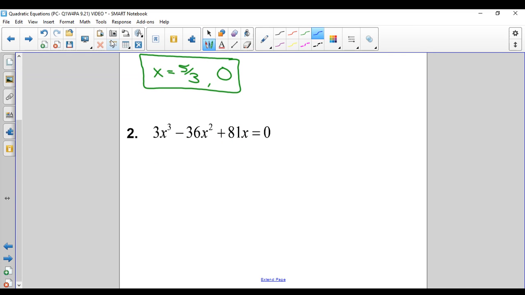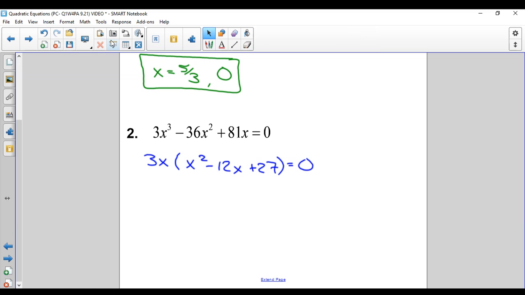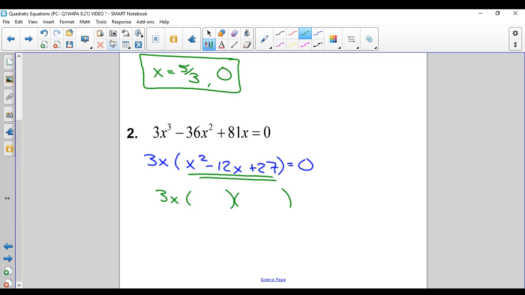We have a GCF here. Happens to be 3x. We have x squared minus 12x plus 27 left over. We check to see if we can continue factoring. It looks like we can inside here. We go 3x, open up 2 sets of parentheses for ourselves, split up the x's because there's no a out front.